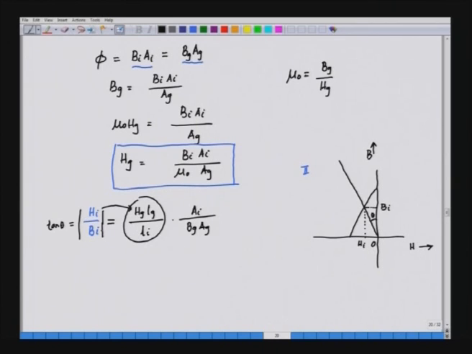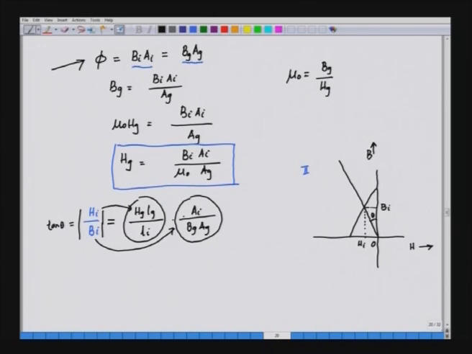So, Hg Lg by Li is Hi. What is Bi? Bi is replaced by this expression, because we know that the same flux is passing through the iron and the air gap. So, according to this equation, Bi Ai equal to Bg Ag. So, I can replace this Bi by Bg Ag by Ai.